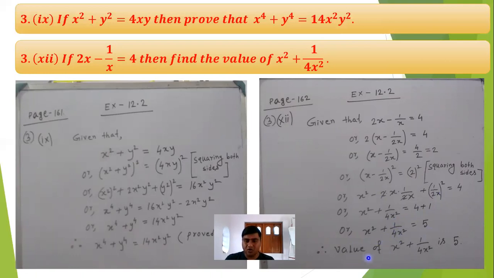So therefore the value of x square plus 1 by 4x square is 5. This is the answer.